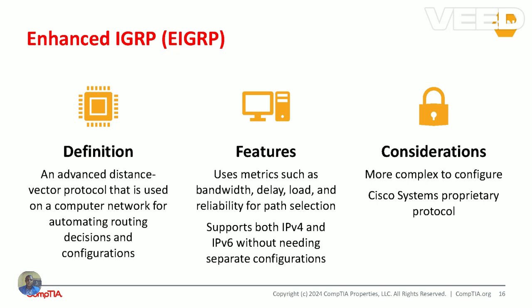One of the features is that it uses metrics such as bandwidth, delay, load, and reliability for path selection. It supports both IP version 4 and IP version 6 without needing separate configuration. What has to be put into consideration is that it is more complex to configure and is a Cisco proprietary protocol.